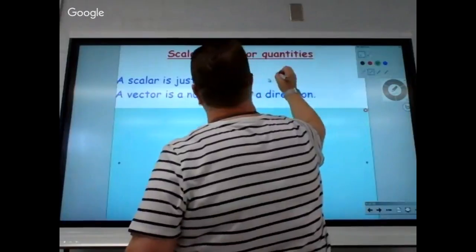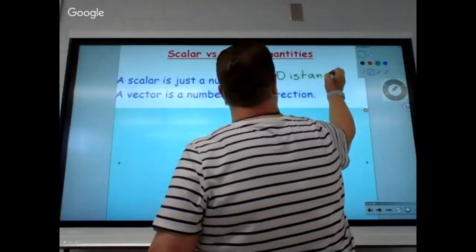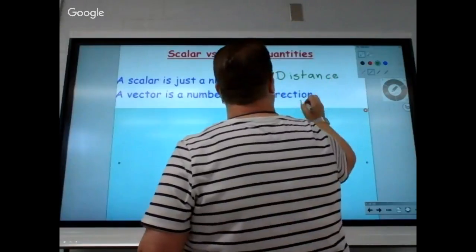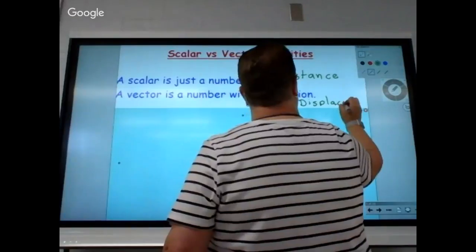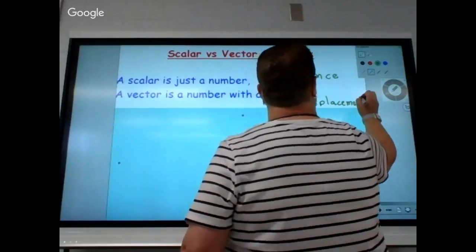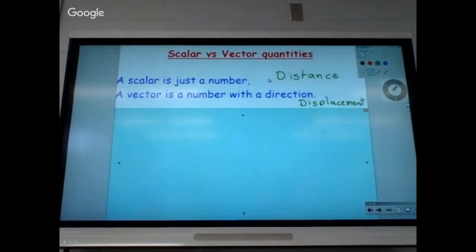All right. A scalar is distance and displacement is the vector. And if you think about all of our examples, when we talked about direction with displacement, I would say we went 4 blocks east, we went 5 blocks south.